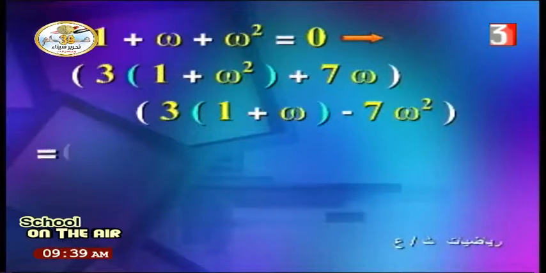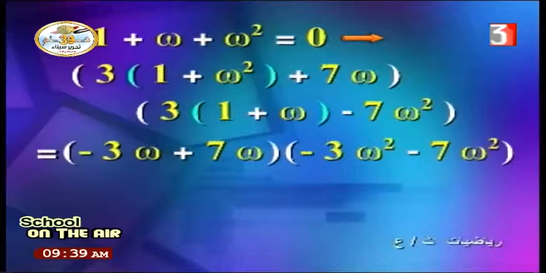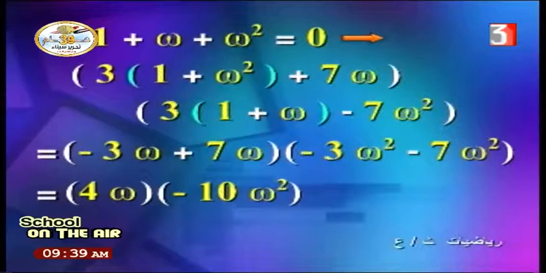Therefore, my dear student, the first bracket, negative 3 omega plus 7 omega, multiplied by negative 3 omega square minus 7 omega square. The first bracket is 4 omega, the second bracket is negative 10 omega power 2. Therefore, the answer is negative 40.